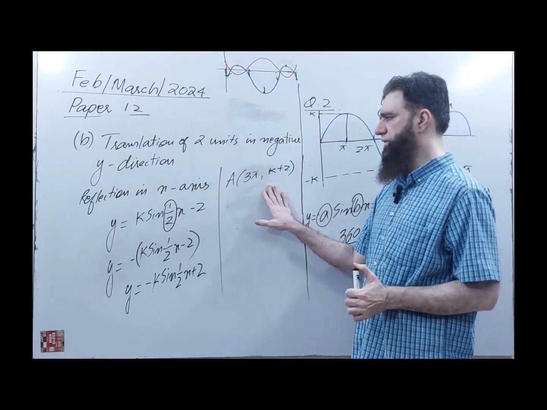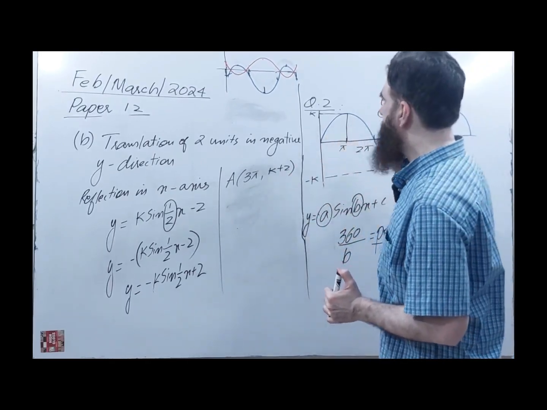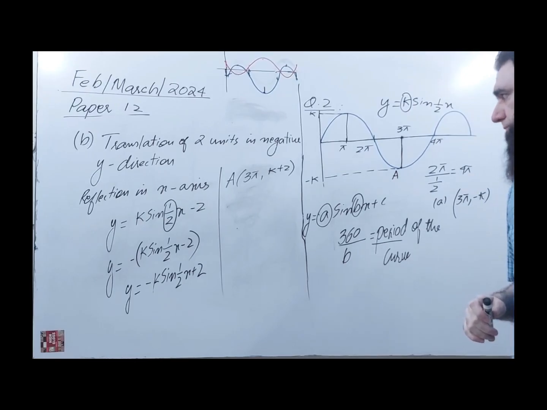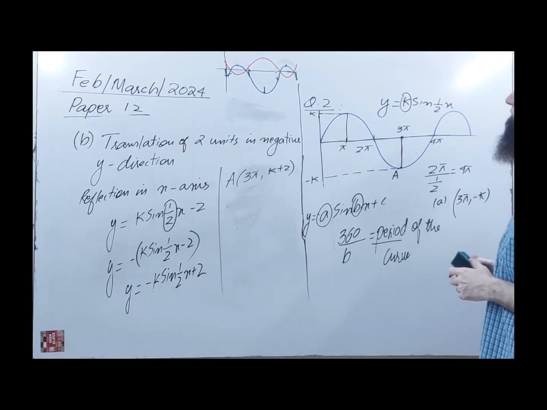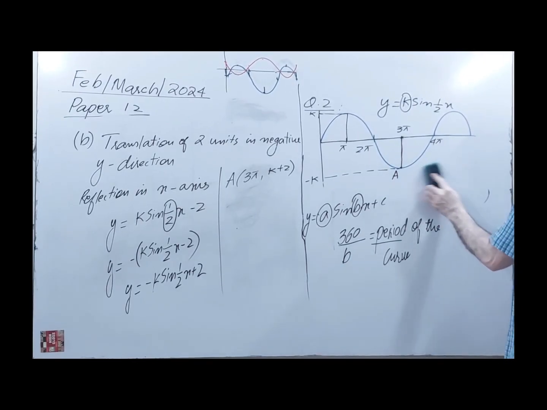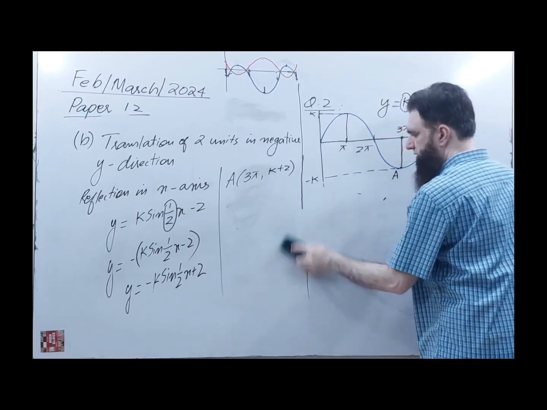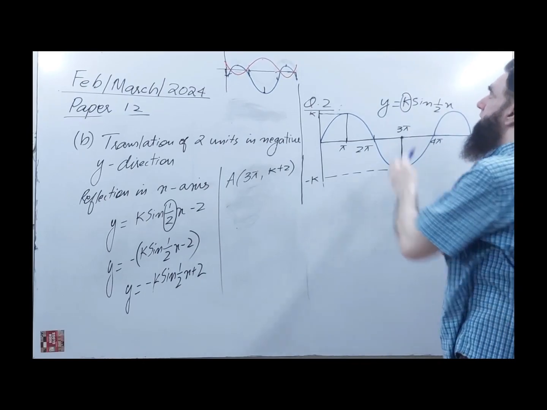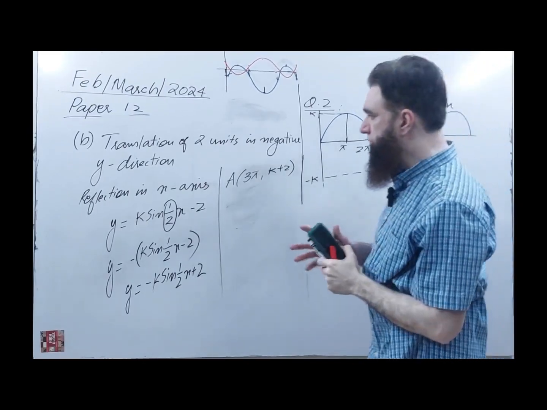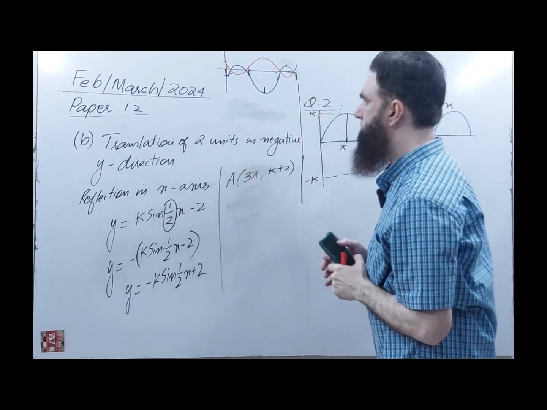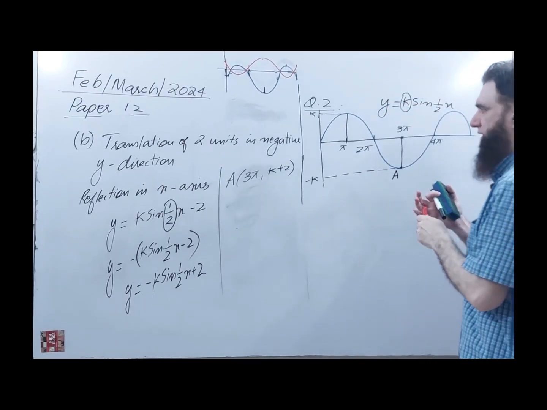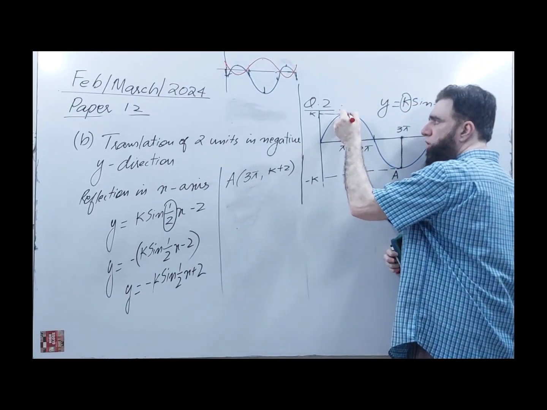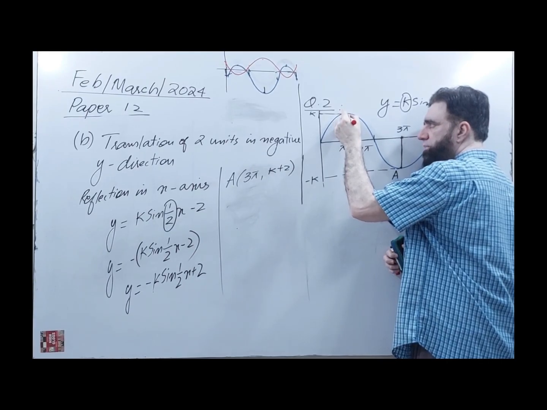This is the y coordinate of the point A of the new curve. What I was thinking is, okay, let me draw the curve also for this, with some different color markers. See, now what happens is when you apply this particular translation of 2 units in negative y direction, all these coordinates come down by 2 units.